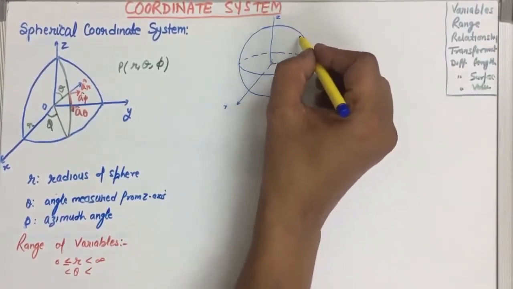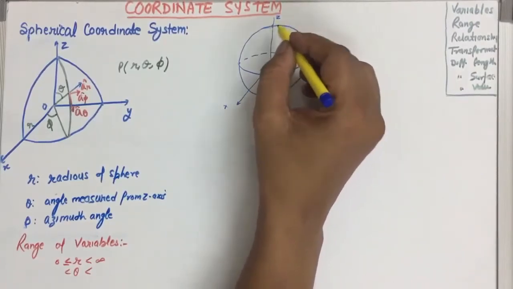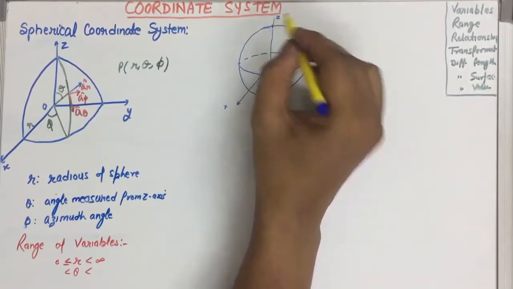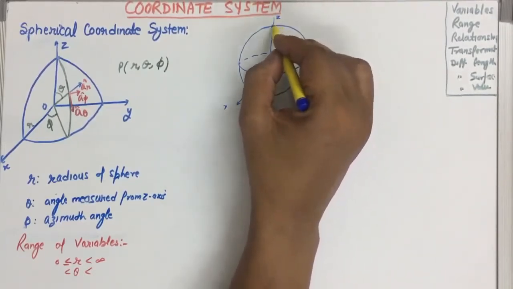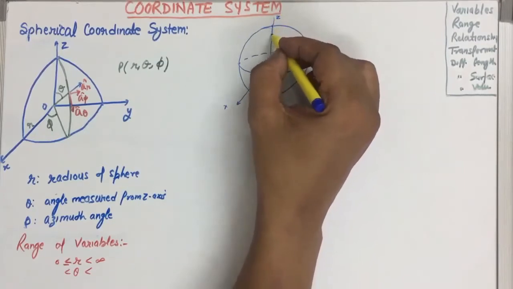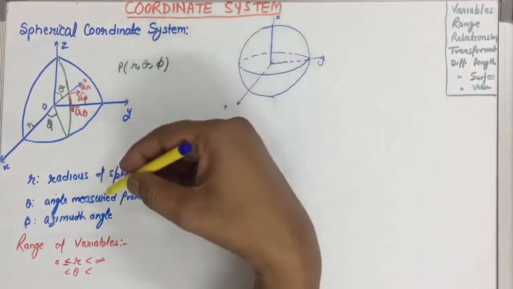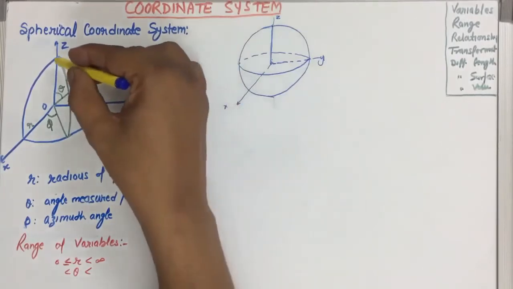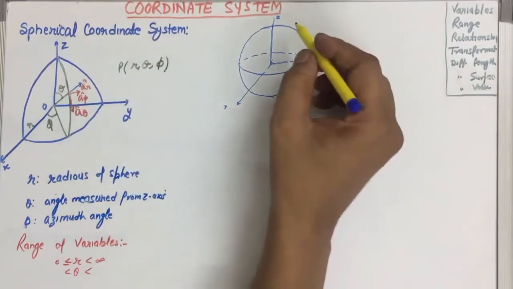And if you are at this point, means your point of interest is this, then what will be the value of theta? That will be 0, because theta is the angle measured from the Z axis. You are at this point and you are measuring from the same axis, so the angle will be 0.